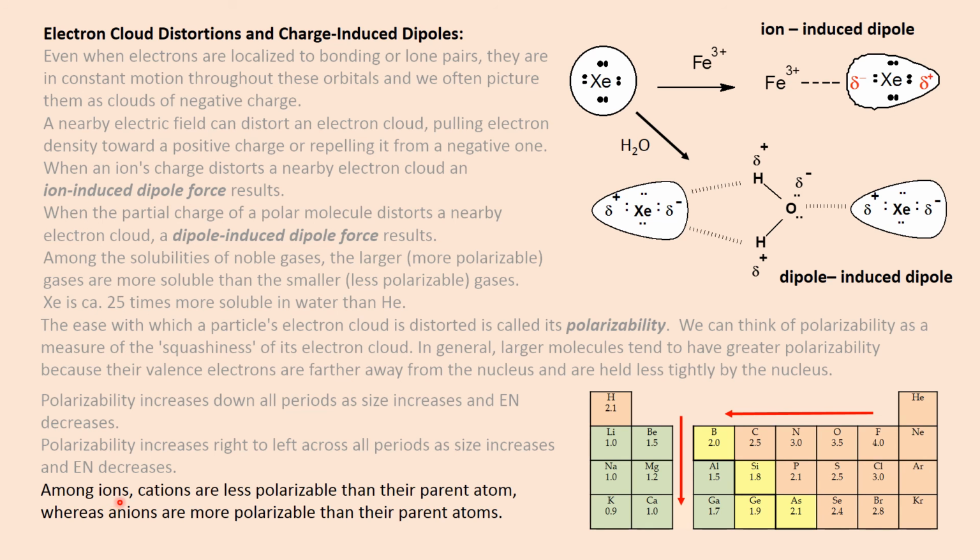Among ions, cations are less polarizable than the parent atom, whereas anions are more polarizable than the parent atoms. Now, why is that? Well, in a cation, it's lost electrons, so it's going to hold its remaining electrons more tightly. It's positively charged. The anion has excess electrons, which will then be further from the nucleus and repelling each other. It's more polarizable.